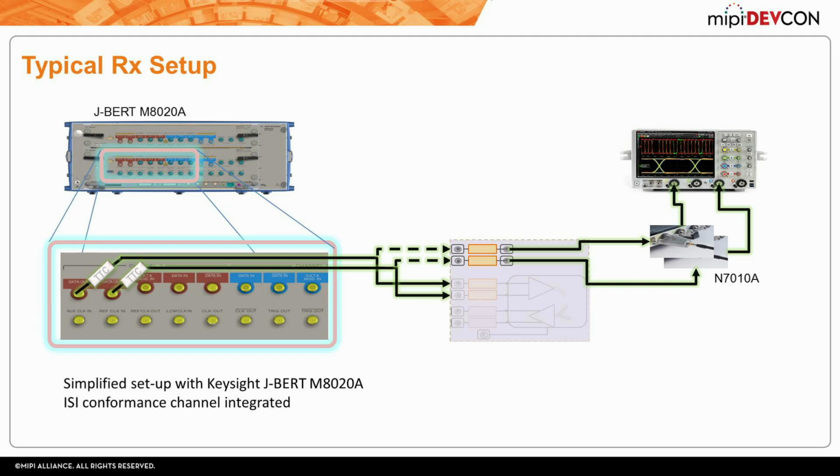That has a lot of nice advantages in that you don't have to match up different trace lengths externally, and you can just dial in, through the user interface or programmatically, how much loss you want at a particular frequency. So you can nicely trim the ISI conformance channel to the loss that you need, including all your cabling loss as well.